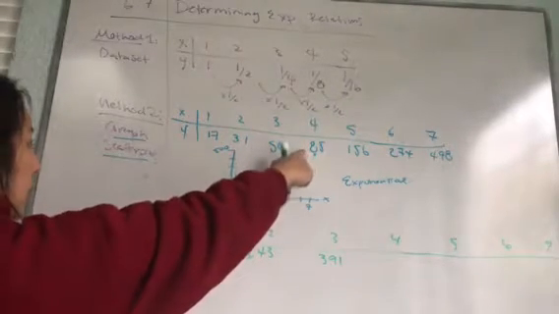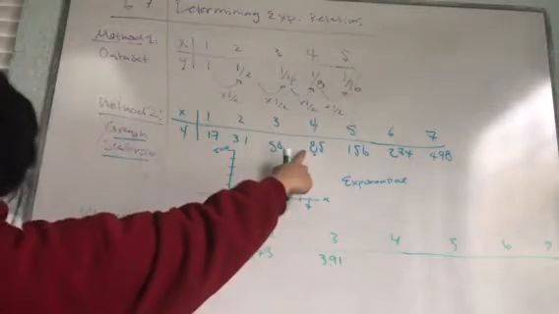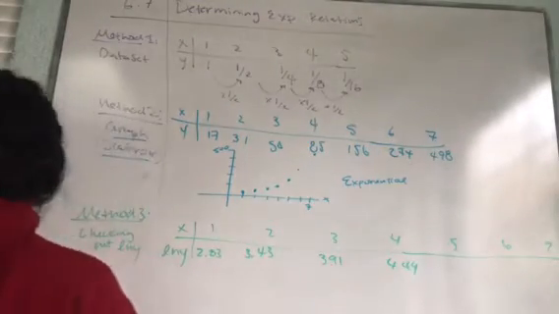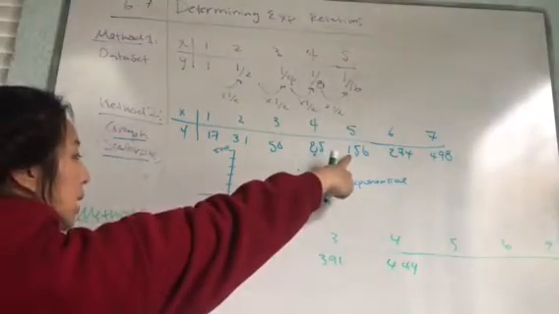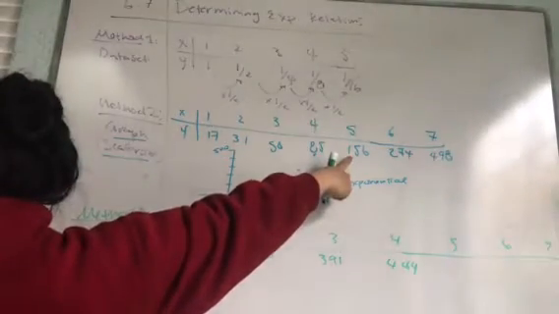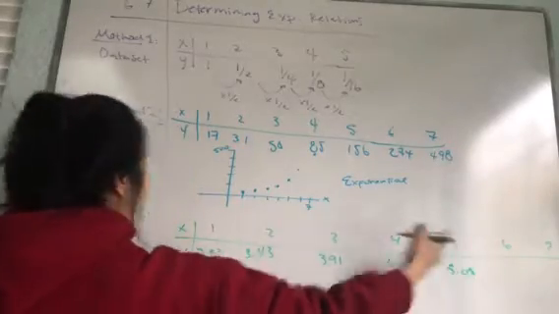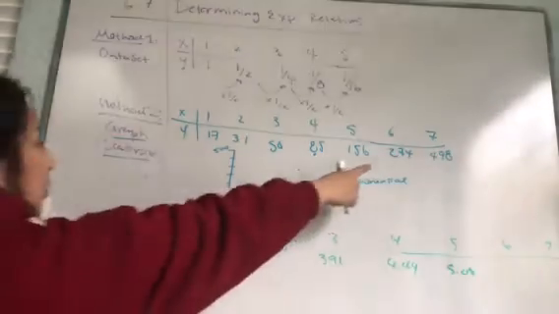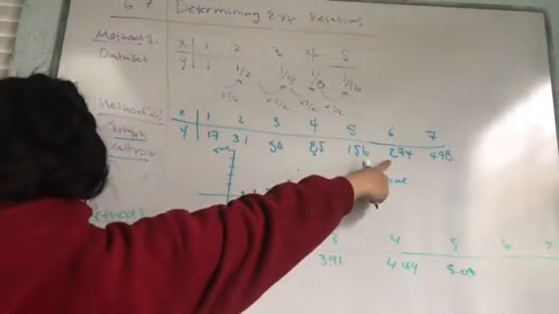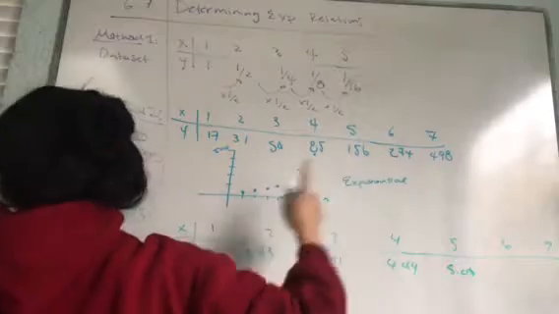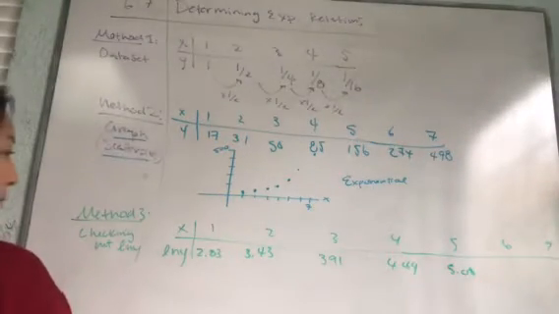Then ln of 85 gives you 4.44. For 5, you plug in ln of 156, and you get 5.05. For number 6, ln of 274 is 5.61, and ln of 498 gives you 6.21.